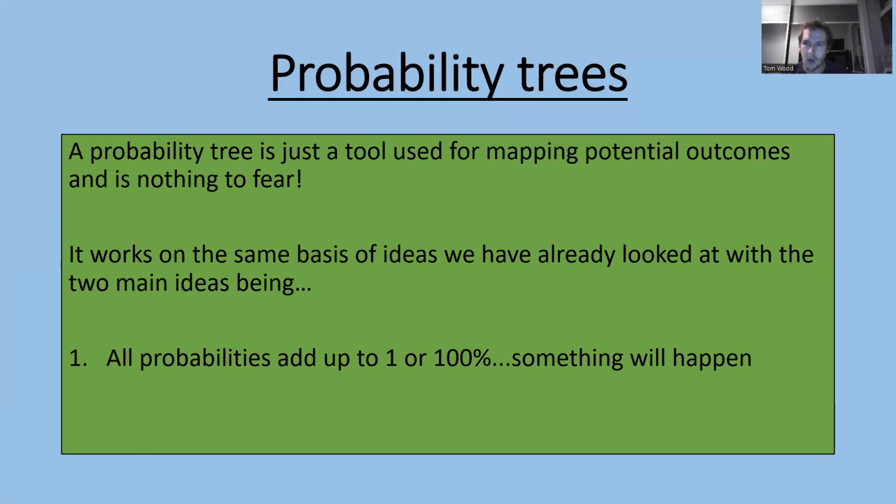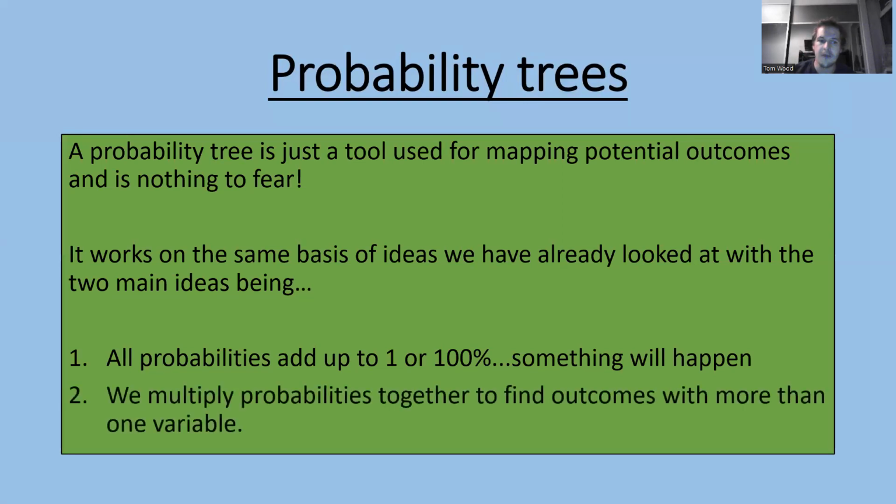Something will happen. Something is definitely going to happen. The other thing is that we are going to multiply probabilities to find out how many outcomes there are, or what level of outcome there is. This will make more sense in a moment when we go through the actual example.